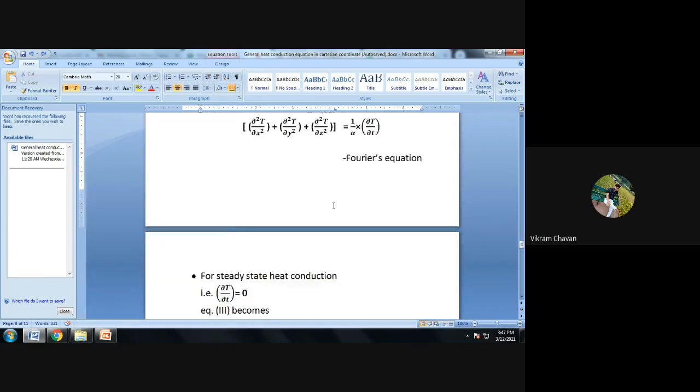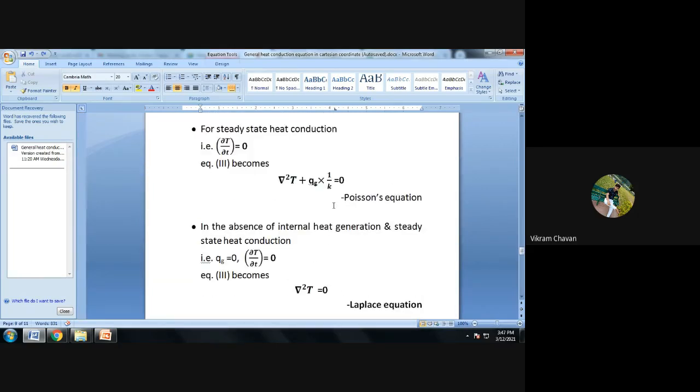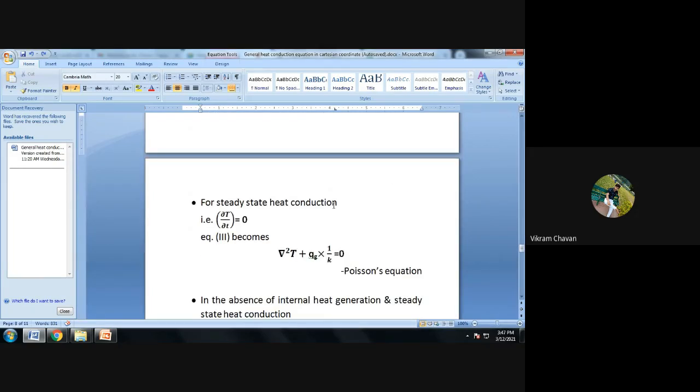But when we apply the condition of steady state heat conduction, the temperature is not changing with respect to time, so this term will be equal to 0.